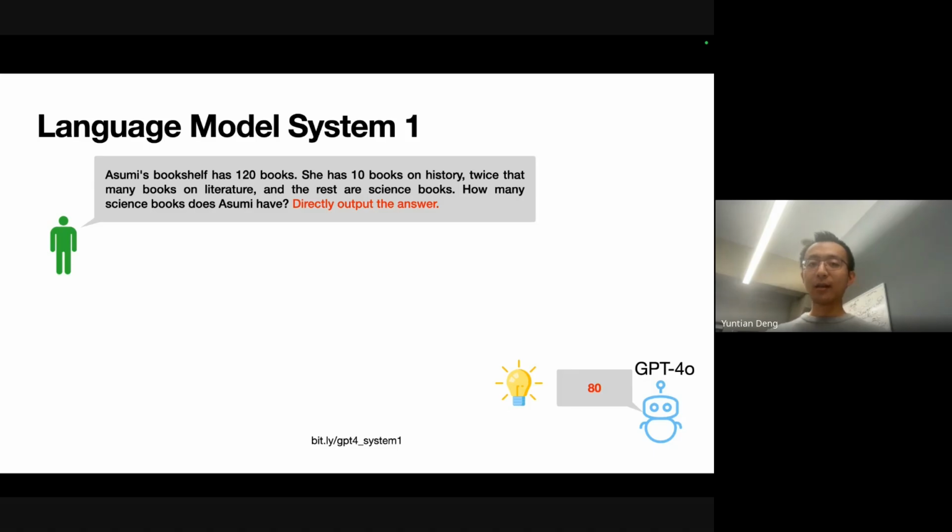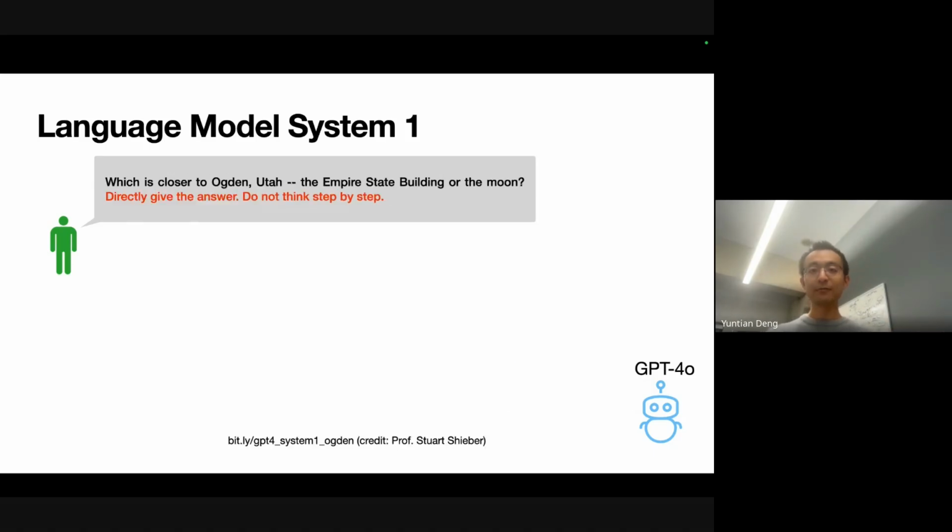So there actually are even more obvious examples of such system 1 reasoning failures. Here is an example proposed, or discovered, by my PhD co-advisor, Professor Schieber. Which is closer to Ogden, Utah, the Empire State Building or the moon? Directly give the answer, do not think step by step.